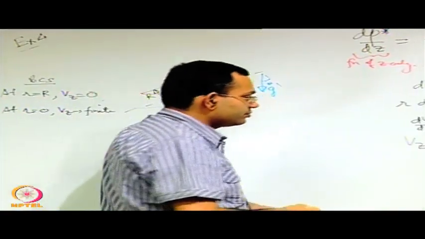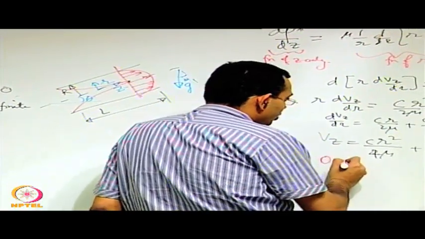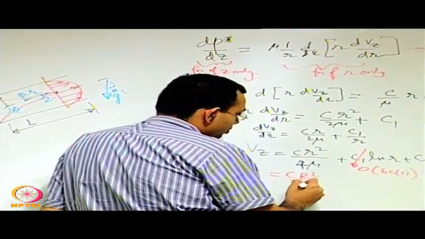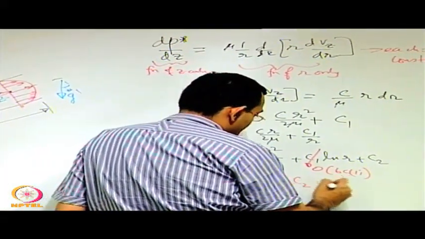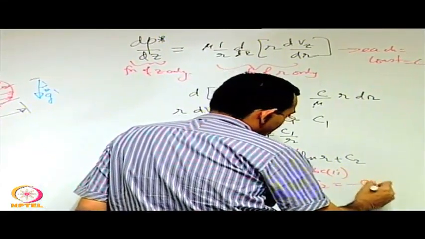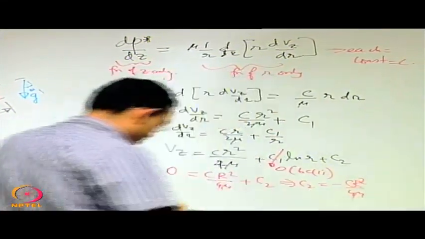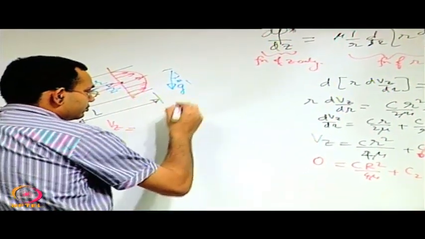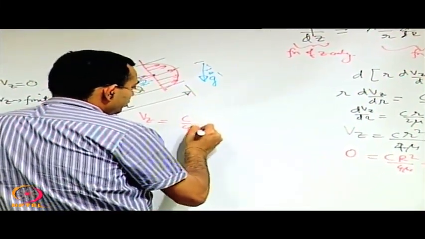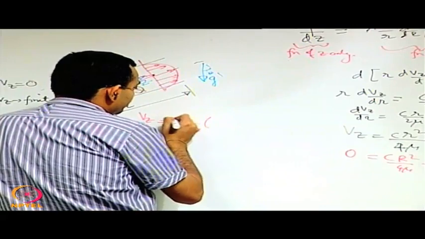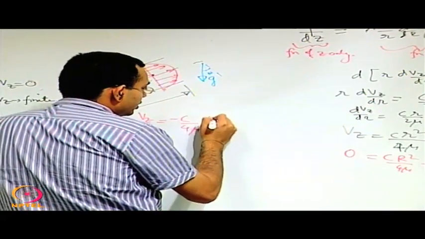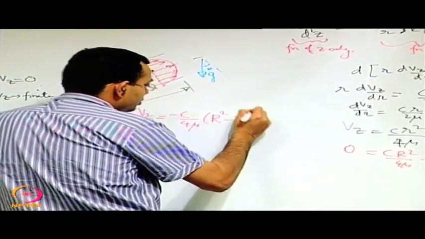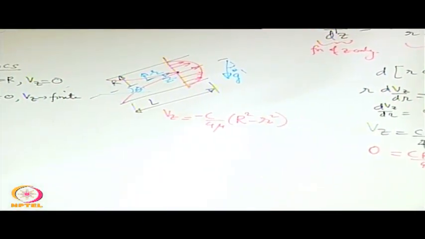From boundary condition number 1 you have 0 equal to C R square by 4 mu plus C2, that means C2 is minus C R square by 4 mu. So the velocity profile becomes Vz equal to minus C by 4 mu into capital R square minus small r square, right.